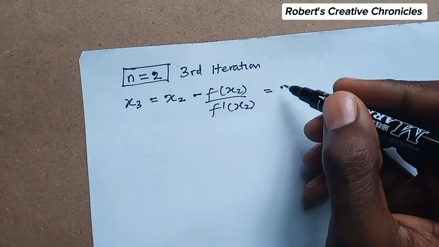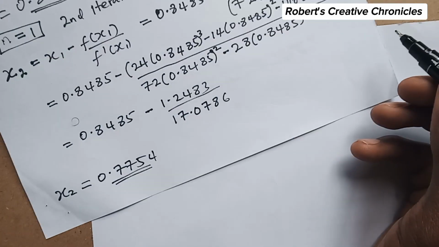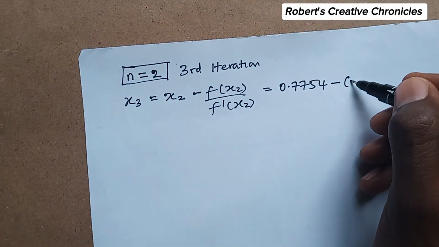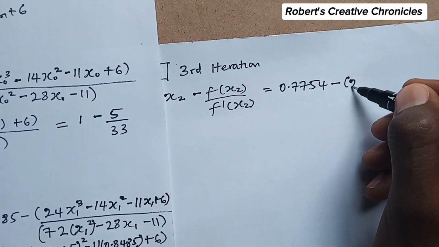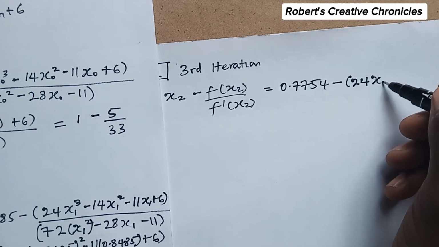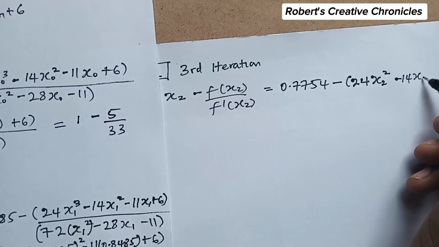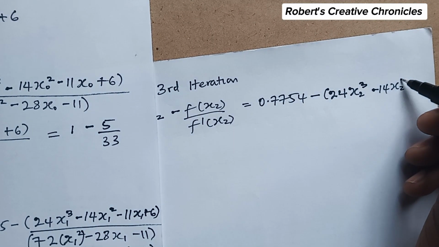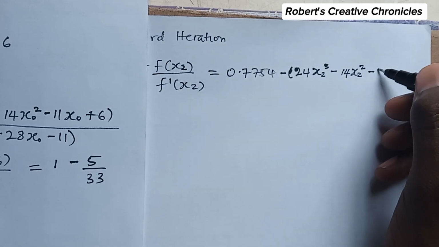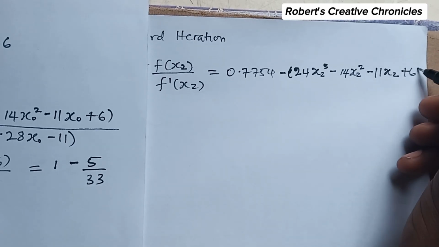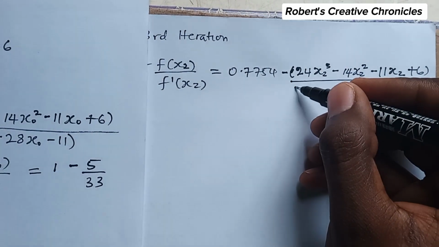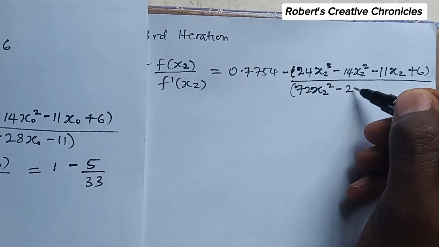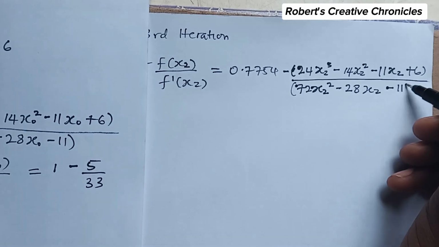Our x2, from here, is 0.7754, minus the function 24 x2 cubed minus 14 x2 squared minus 11 x2 plus 6, over 72 x2 squared minus 28 x2 minus 11.